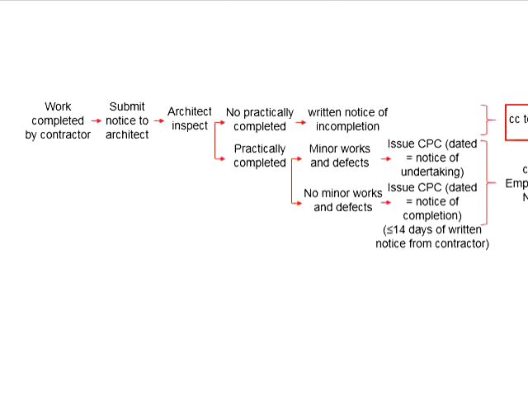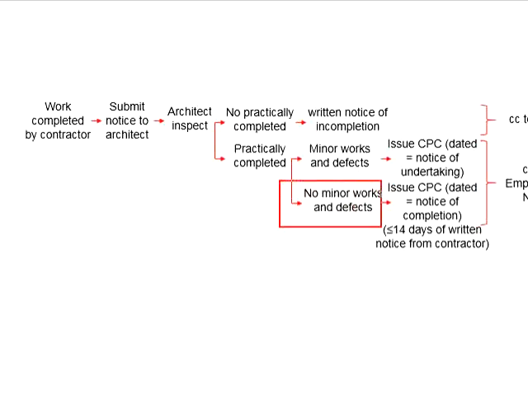In this case, the architect does not need to notify the employer. As long as there is no notification to the employer, that means the work has not been completed yet. Let's say now the work has practically completed. The architect will see if there are any minor works or defects.